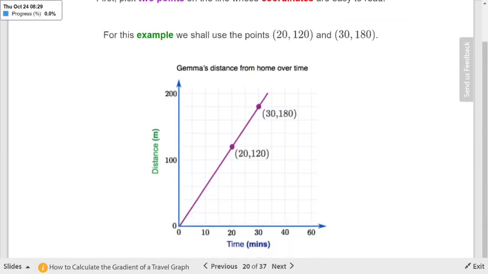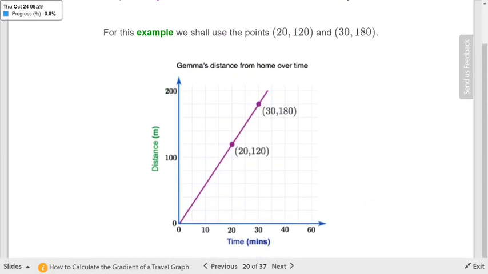Remember that when you're finding the gradient, you can use any 2 points that are easy to read. Be careful on this one. Look at the scale on the bottom. They're counting in what kind of units? 10, 20, 30, so in tens then, right? But actually they have half units, so they're counting in fives, but they're only marking the tens.